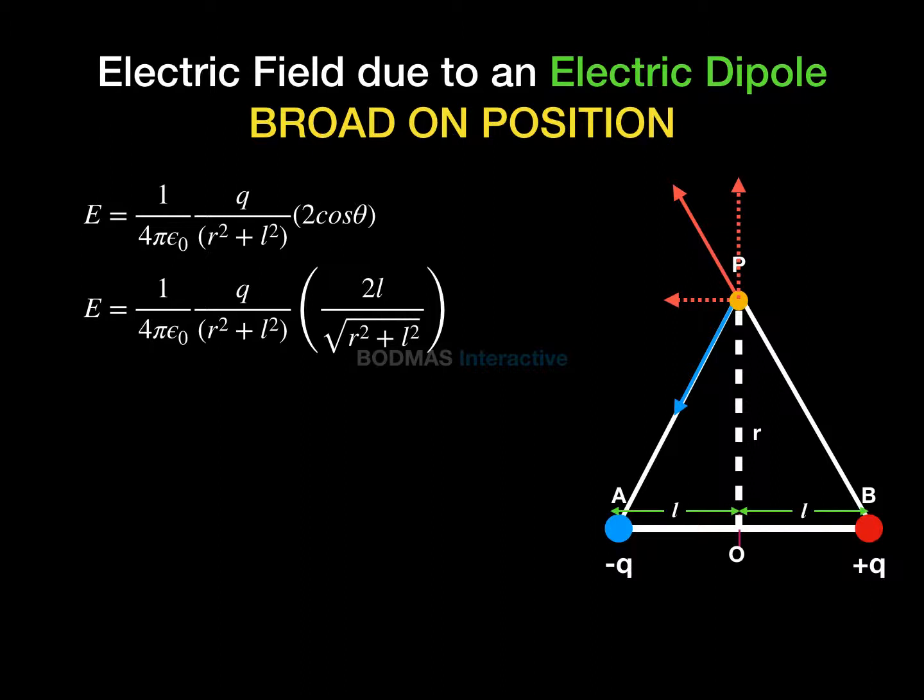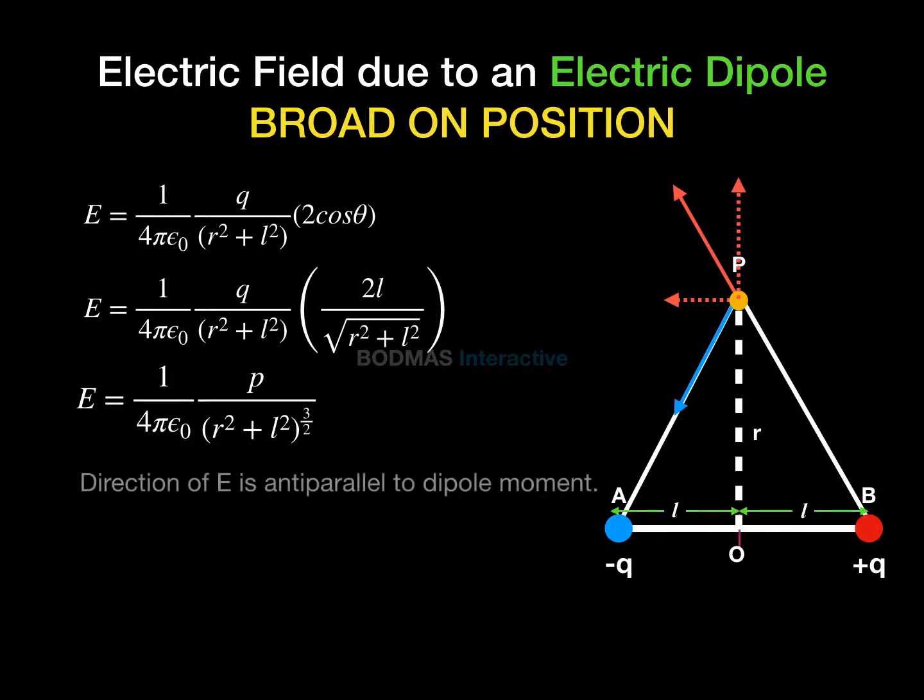So, substituting this value and simplifying, we get 1 over 4 pi epsilon naught times P upon r square plus L square whole raised to the power 3 by 2. The numerator becomes P because this is now the product of Q and 2L.